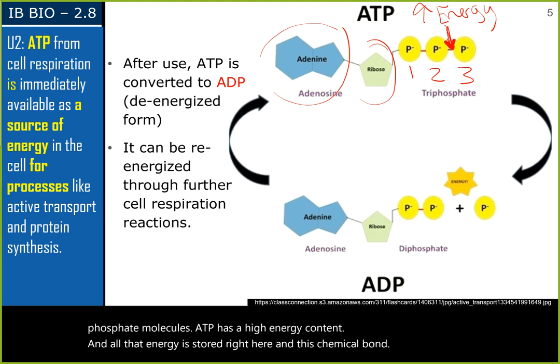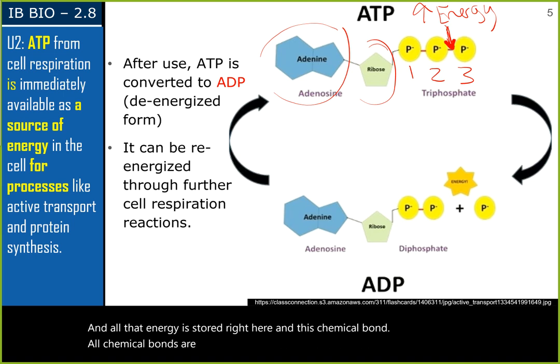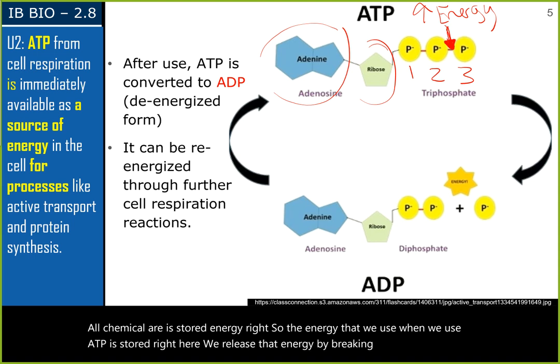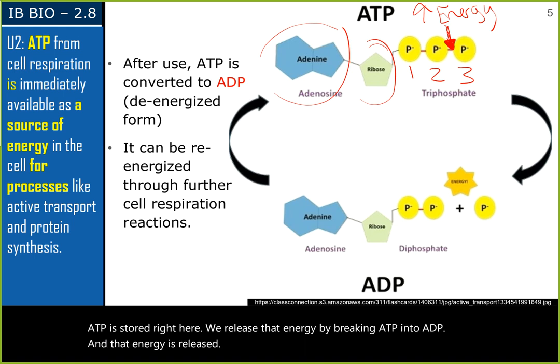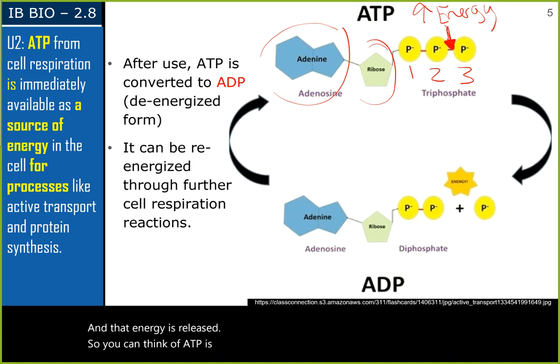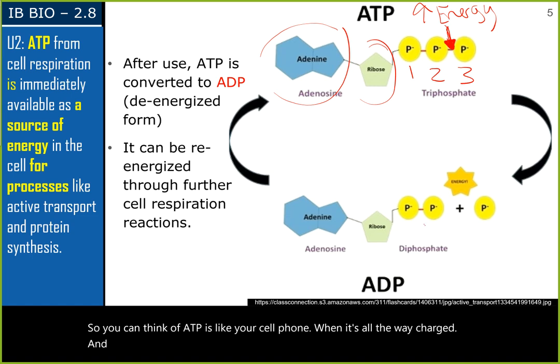All chemical bonds are is stored energy, right? So the energy that we use when we use ATP is stored right here. We release that energy by breaking ATP into ADP, and that energy is released. So you can think of ATP as like your cell phone when it's all the way charged, and ADP, because that bond is broken and now we only have 2 phosphates, it's like your cell phone on low battery.